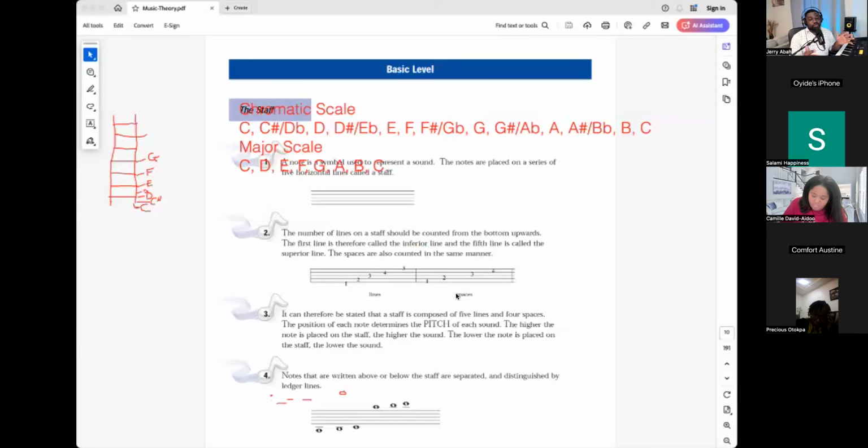I want to see how many of us can go above 10 of those notes. All right, let's try that.